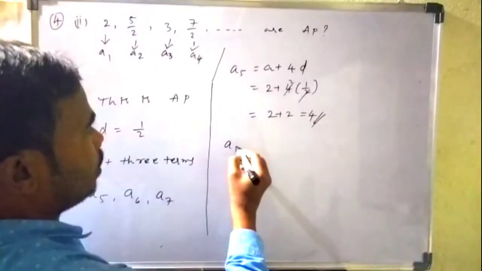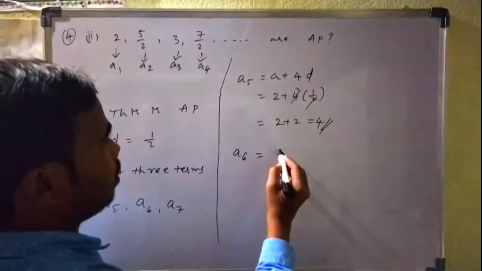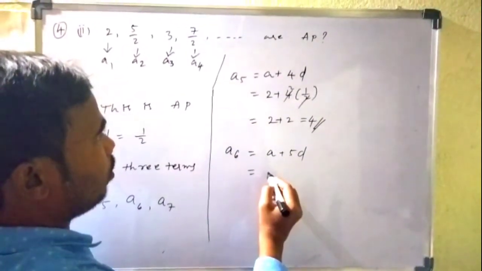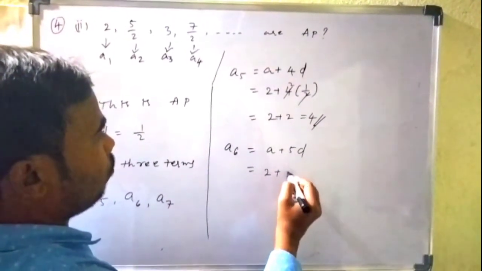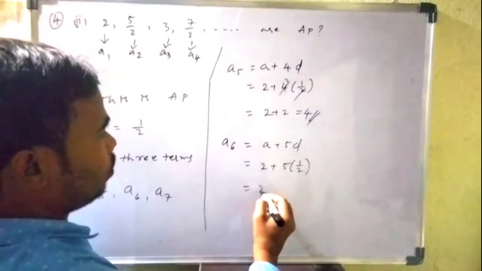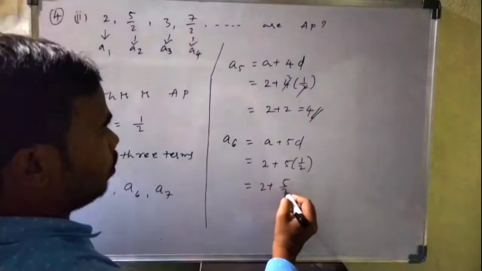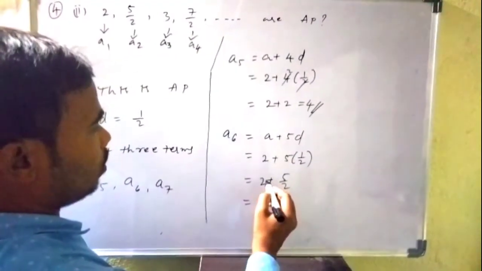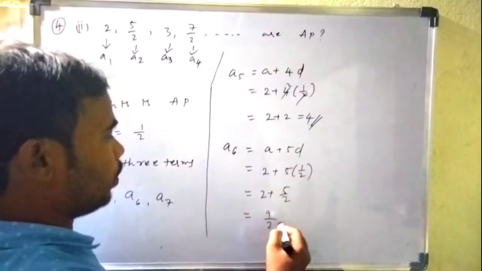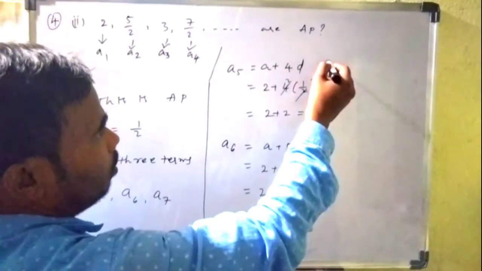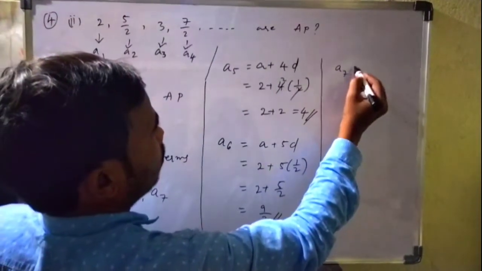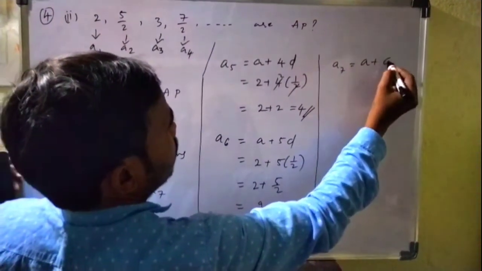a5 is 4. Next a6 is equal to a plus 5d. So a means 2, plus 5 of 1 by 2. So 2 plus 5 by 2, which is 4 plus 5 over 2, equal to 9 by 2. And one more, a7. a7 is equal to a plus 6d.